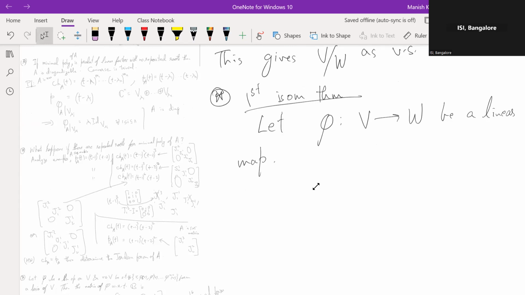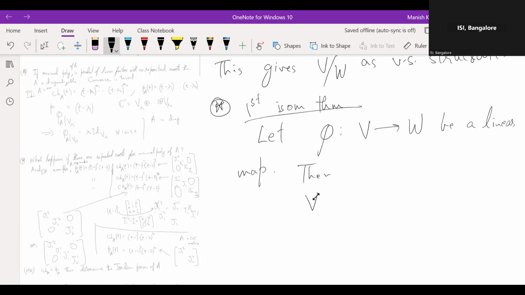Then V mod kernel phi is isomorphic to image phi.